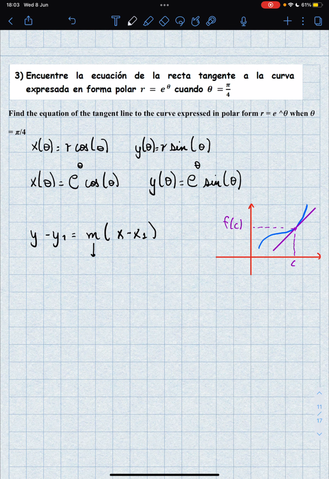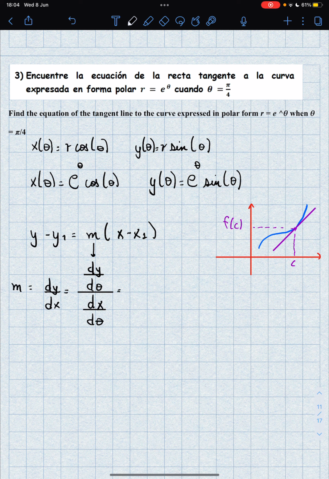So this m is basically dy/dx. But if you notice, you don't have this dy/dx explicit, so you should do the following. You need to say that dy/dx equals (dy/d theta) over (dx/d theta).